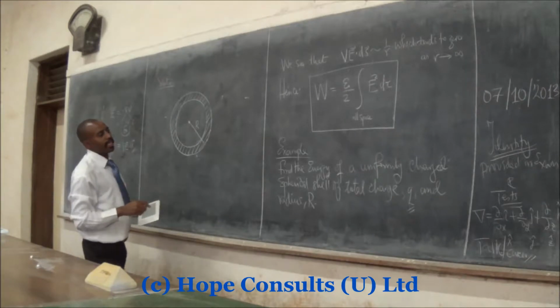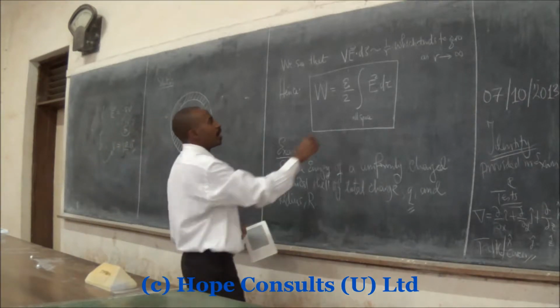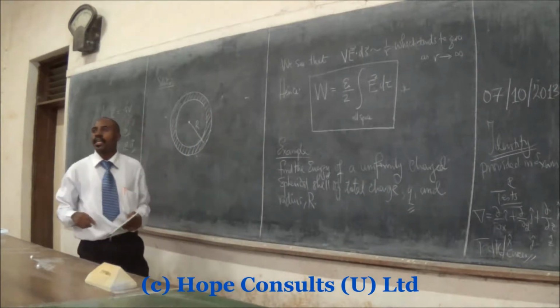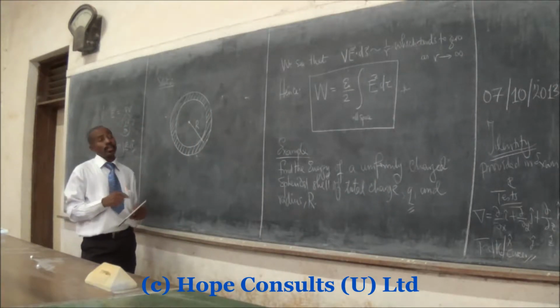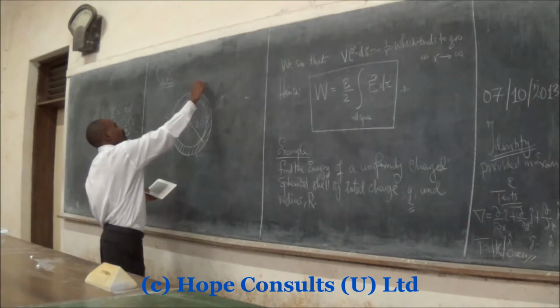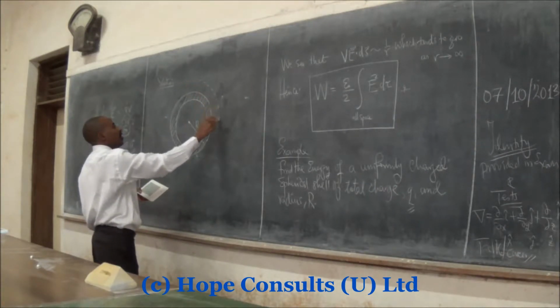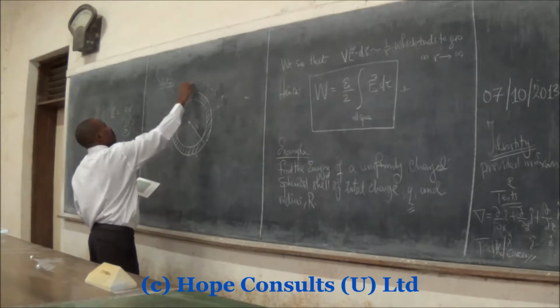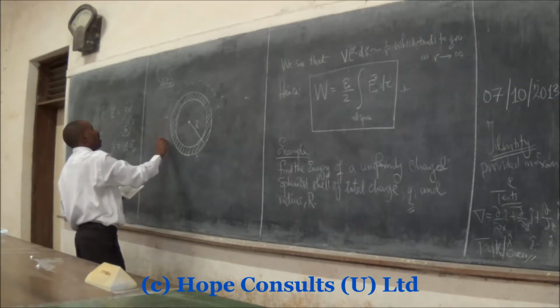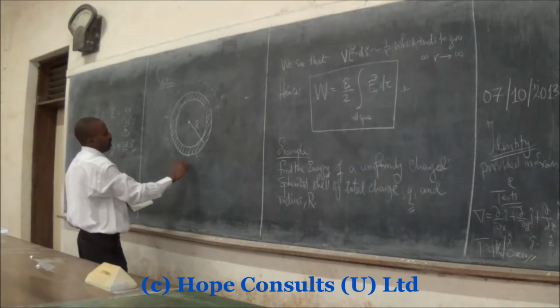In order to find the energy, we get the electric field by applying Gauss's law. So we do the same, and let's take the Gaussian surface to be on the outside, because in order to apply Gauss's law, we must have spherical symmetry.